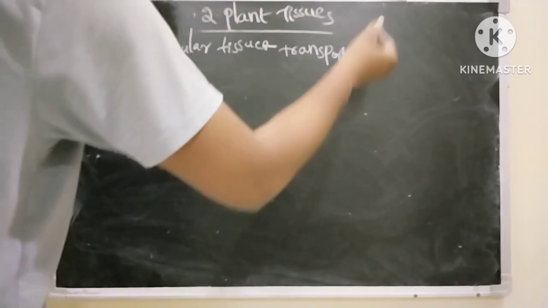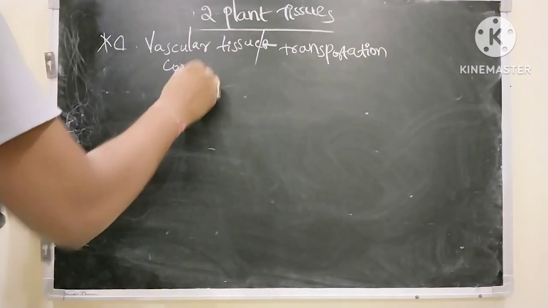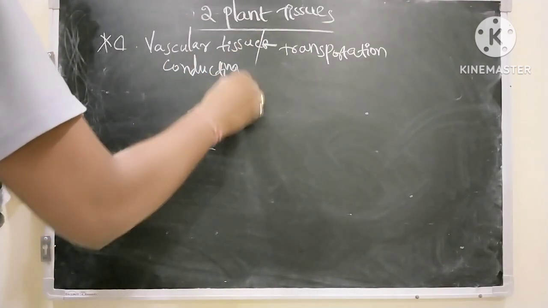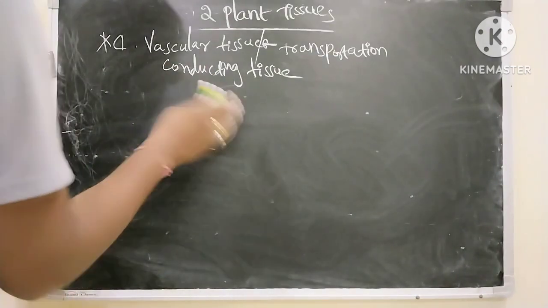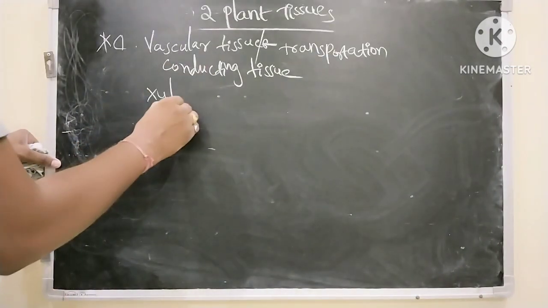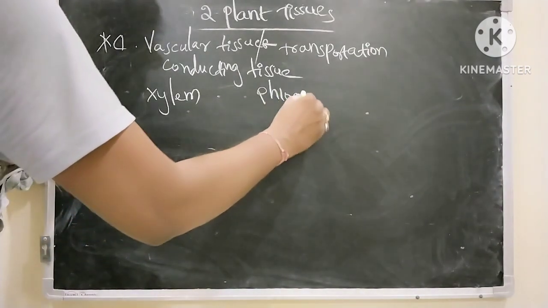It is also called conducting tissue. And this conducting tissue consists of two types of tissue: one is the xylem, another one is the phloem.